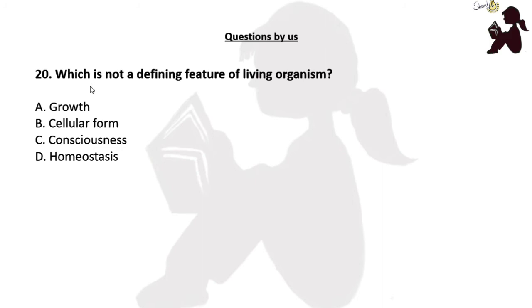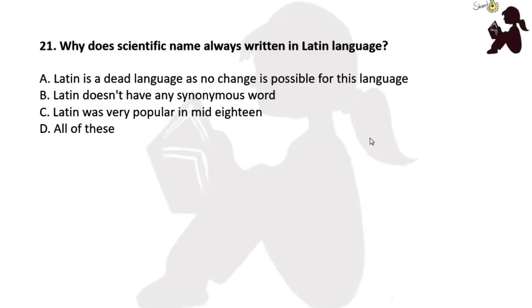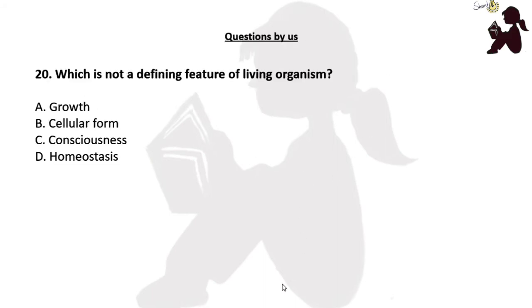The next question is, these questions are given by us. So the next question is, which is not a defining feature of living organisms? Not a defining feature. Okay. So here the options are growth, cellular form, consciousness, and homeostasis.